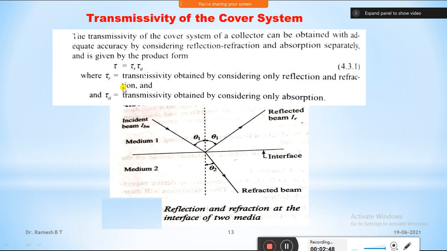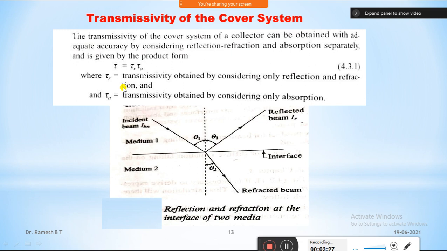The product of tau r and tau a gives the total transmittivity of the flat plate collector. So tau equals tau r into tau a. Individually we have to find tau r and tau a; once we have them, we can substitute and get tau, the transmittivity of the cover system of the collector. Clear?